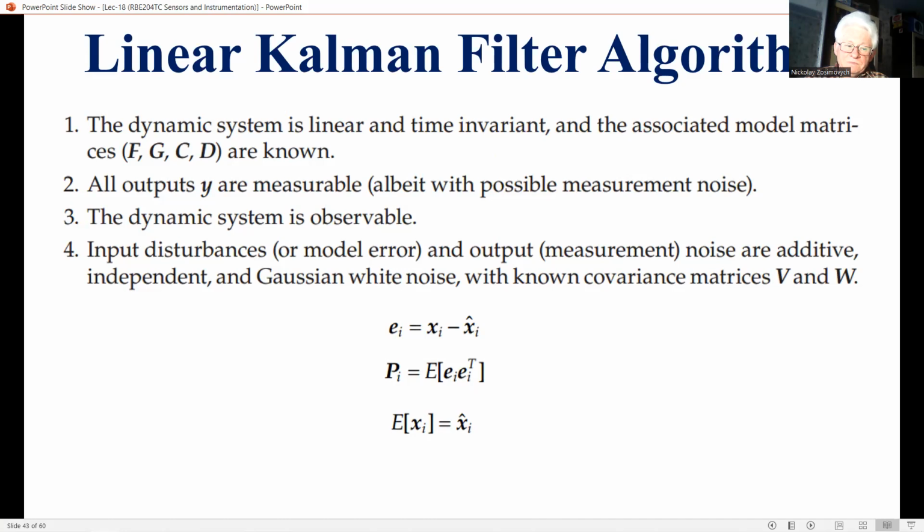And third, the dynamic system is observable. Fourth, input disturbances or model error and output noise are additive, independent, and Gaussian white noise with known covariance matrices V and W. Typically, it is also assumed that D, the matrix D, equals 0. Modifying the Kalman filter equations to include D is simple and straightforward.